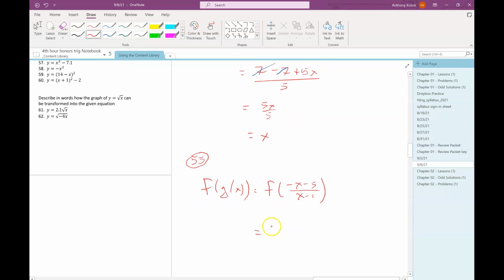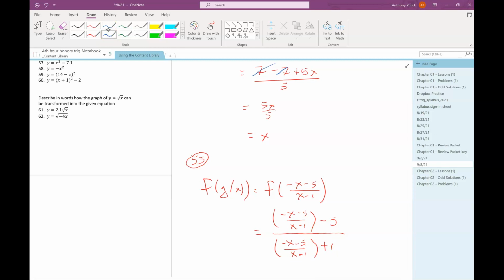And when I plug that into f, I have x, which is my g, minus 5 over x, which is now my g, plus 1. So far, so good with the composition?